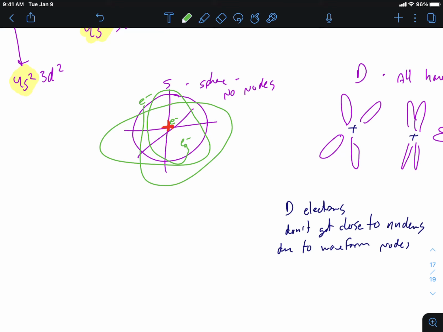It ranges out farther, but also can get close to the nucleus, lowering its potential energy.